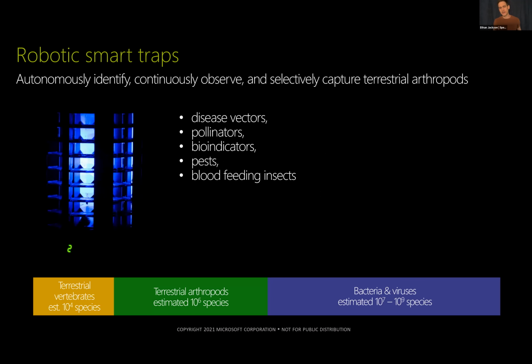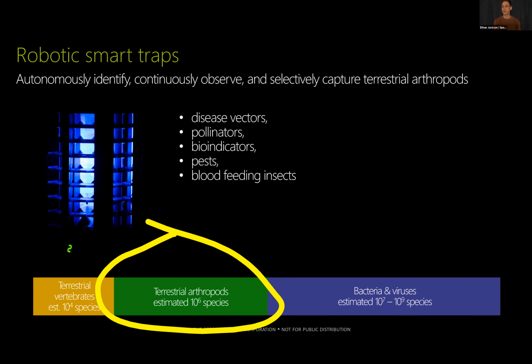For this reason, we've started with the notion of robotic smart traps that focus on terrestrial arthropods, which comprise most animal biodiversity. The goal of these smart traps is to autonomously identify, continuously observe, and then selectively capture terrestrial arthropods. From the human health and animal health point of view, of course, these are disease vectors.